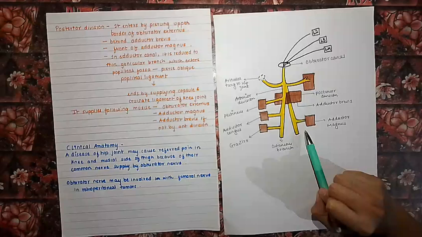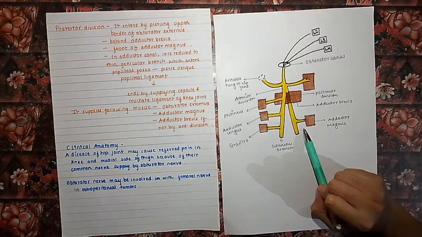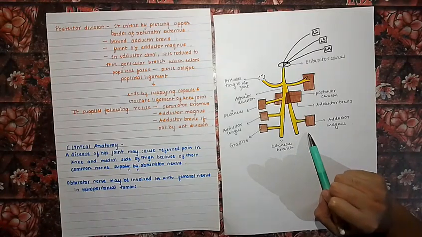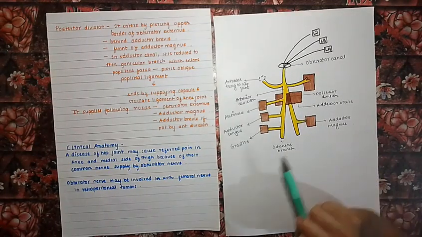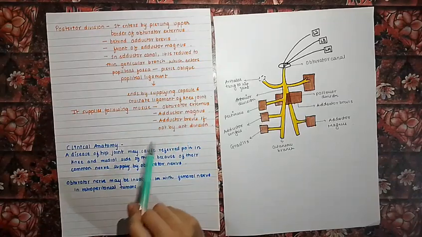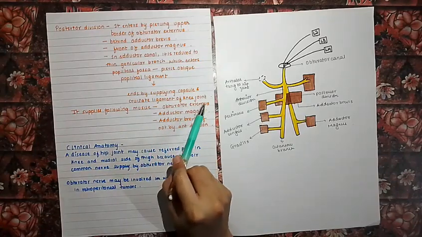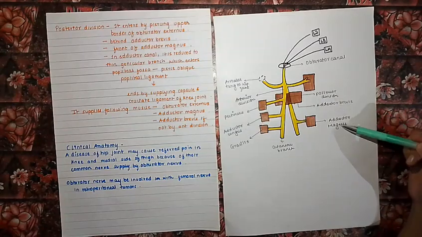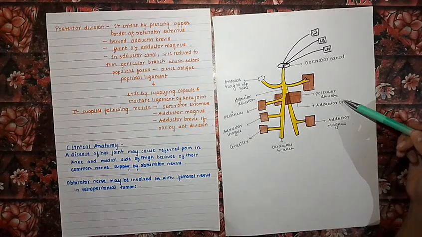Then it is reduced to the genicular branch which enters the popliteal fossa in the adductor canal and pierces the oblique popliteal ligament. Then it ends by supplying the capsule and the cruciate ligament of the knee joint. It supplies obturator externus, adductor magnus and adductor brevis if not supplied by the anterior division.